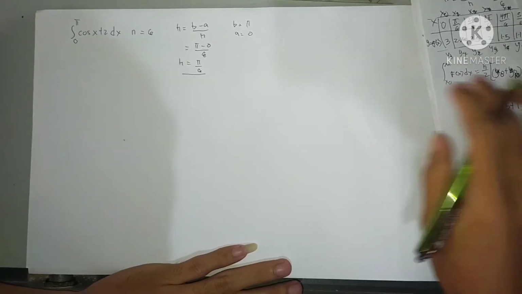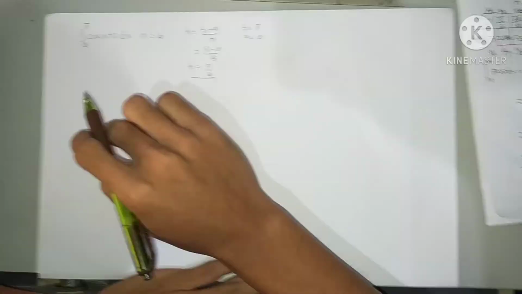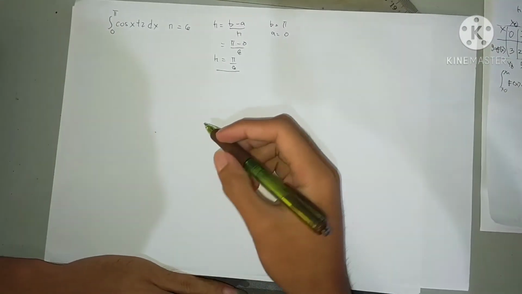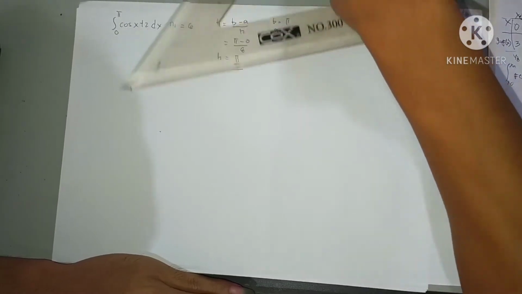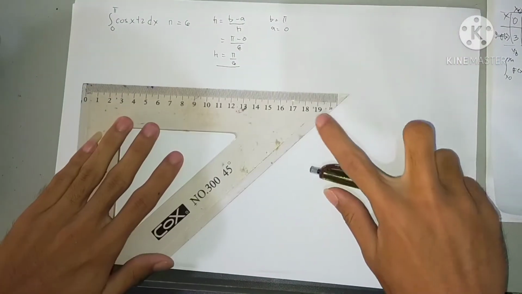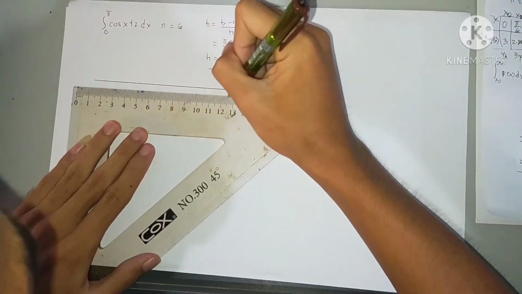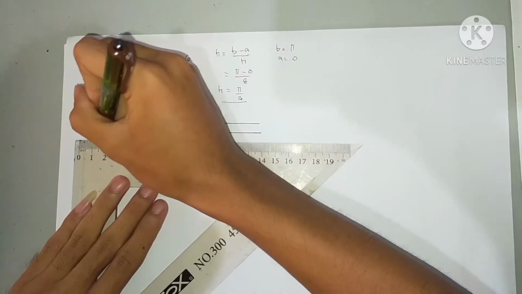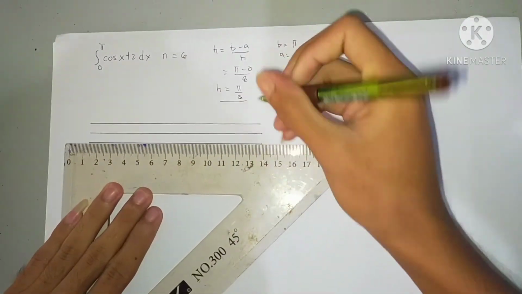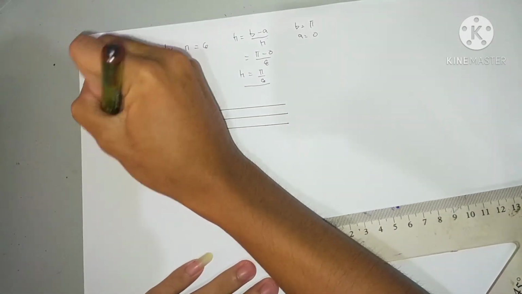Next is step 3. And next, we need to create a table for the terms. This is the x.